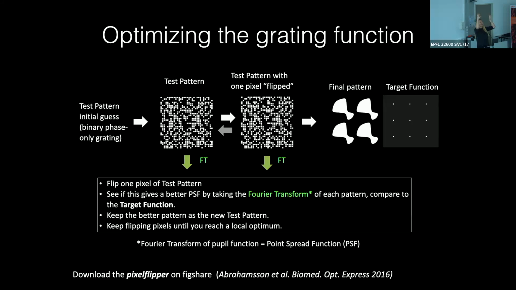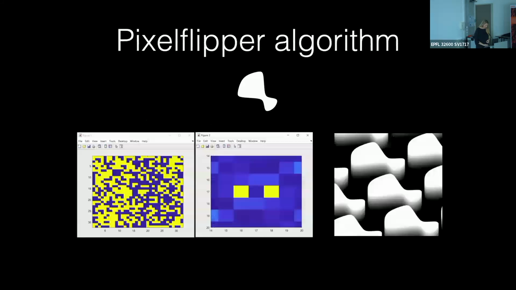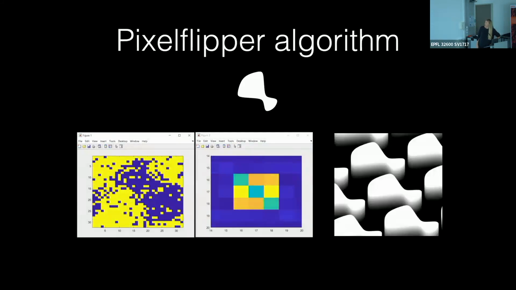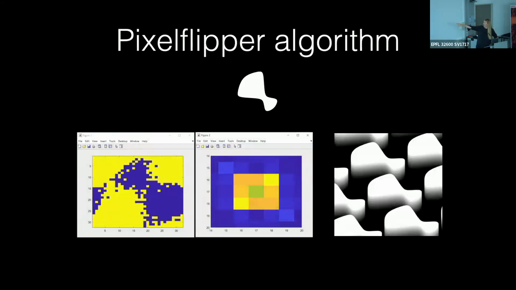And the one that's better, I keep. And then I keep stepping through and flip the pixels and flip the pixels and flip the pixels. And it looks something like this. So I'm flipping the pixels, and all of a sudden I've got my 9 orders with even intensity. I'm even suppressing the 0 a little bit for a reason that we'll talk about later.